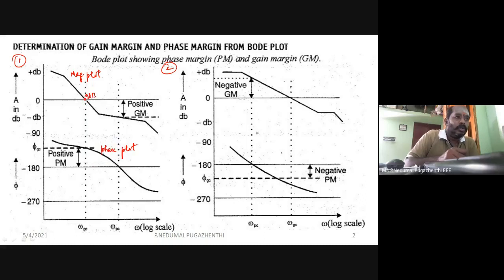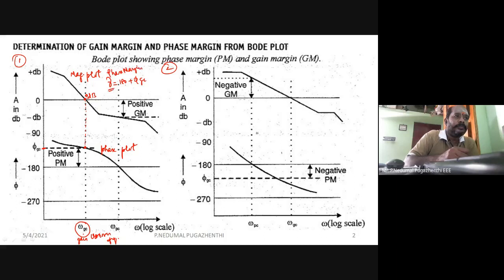If you extend the point, it will cut your phase plot at a point. The corresponding omega, that is the frequency, is called the gain crossover frequency. The corresponding angle is going to be phi gc. And you know the formula: gamma is equal to 180 plus phi gc will give your phase margin.